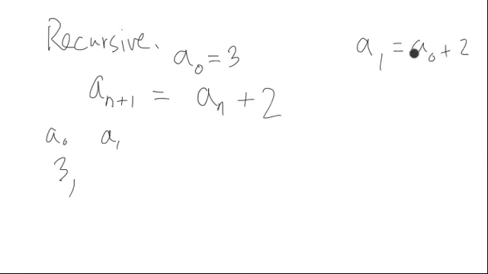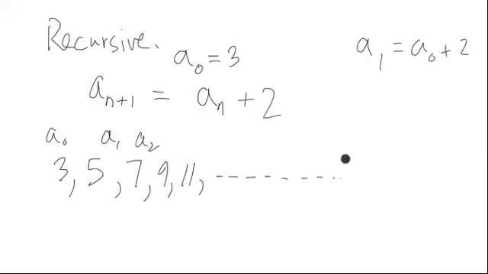So if a0 is 3, we're just adding 2 more to get to the next guy. So we get 5. Similarly, we could calculate the rest, and we're just adding 2 each time from one to the next one. So 3, 5, 7, 9, 11, and so forth.